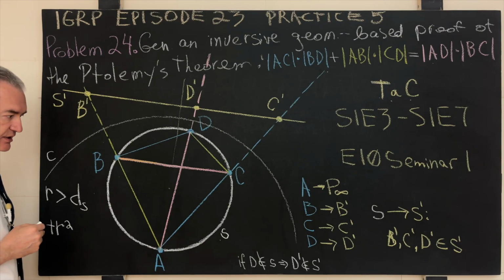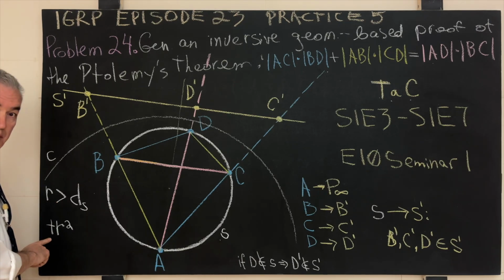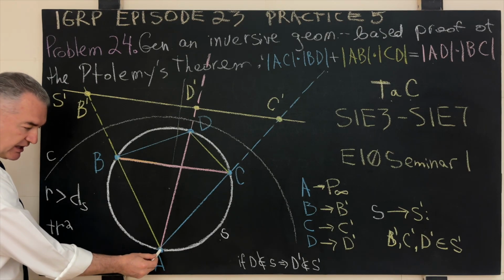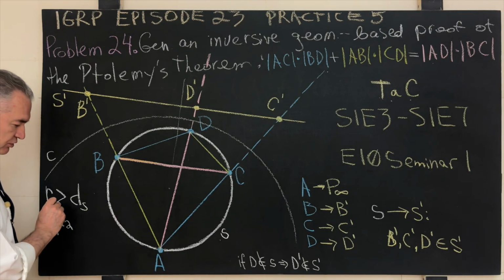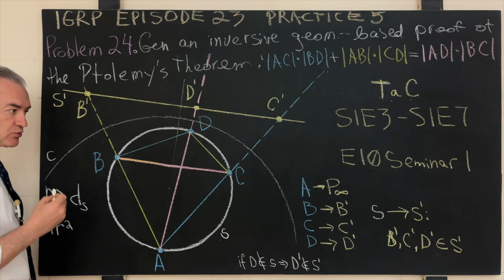And that is the important detail here, because now once we execute the inversion with positive power of the parent plane in the circle that has the point A as its center and a radius strictly larger than the diameter of the parent circle S, what will happen?